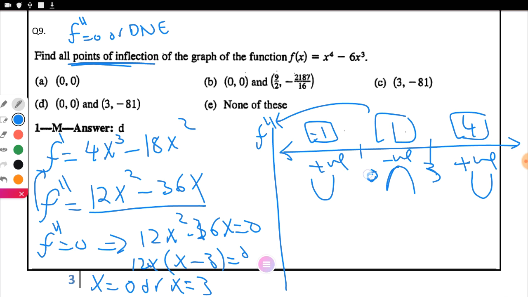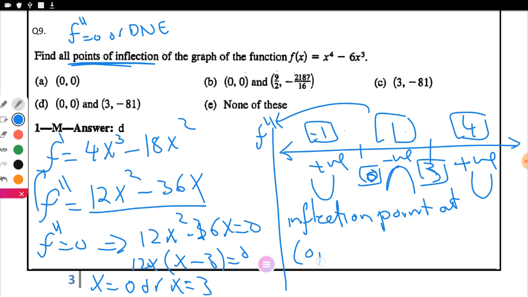Since at each value of x equals 0 or x equals 3, the second derivative equals 0, and the function changes its concavity from upward to downward and from downward to upward. In this case, inflection points at 0 and f(0).